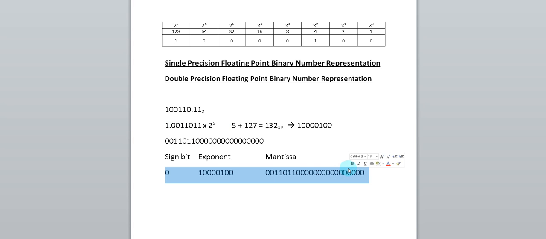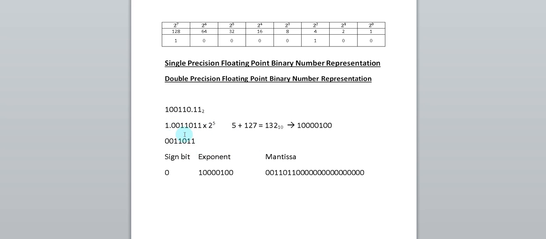And how about its double precision floating point binary number? They have the same steps to follow up to here, but when we reach this point where we use the decimal points, our mantissa for the double precision format will consist of 54 bits instead of 23 bits.